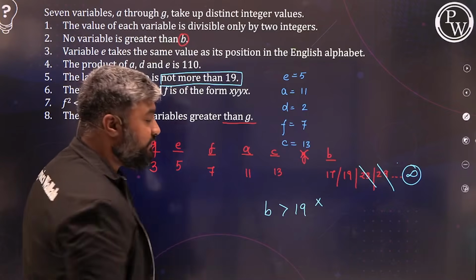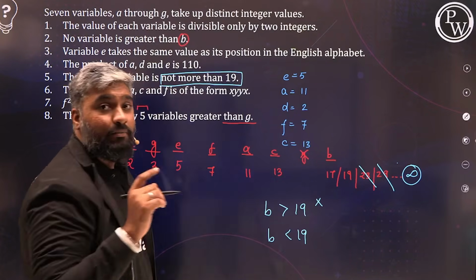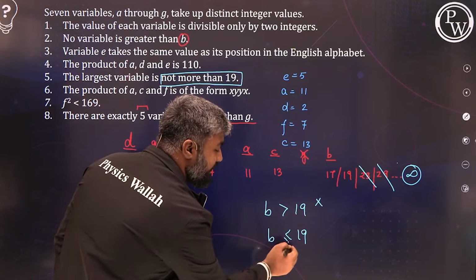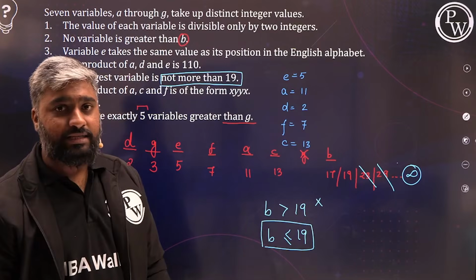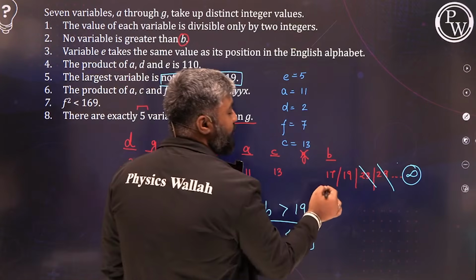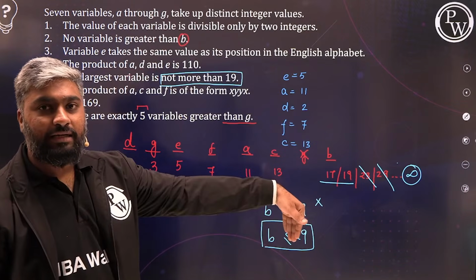What is the alternative then? That means B has to be less than 19, but B could also be equal to 19. So B has to be less than or equal to 19. Understood? That means B will have two possibilities now. B could take up 17 also, could take up 19 also.